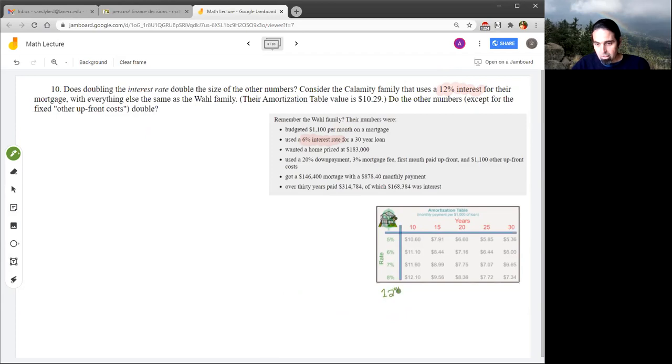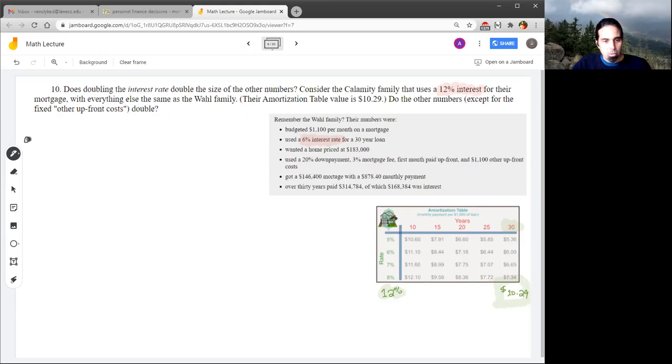So this is again not on the table, but for the 30 years and 12%, it just tells us in the problem that $10.29 is the number I want. So we were at 6%, which was $6 even. Did we double and get to $12 even? No, we're at 10 and change. So this is also not going to work.